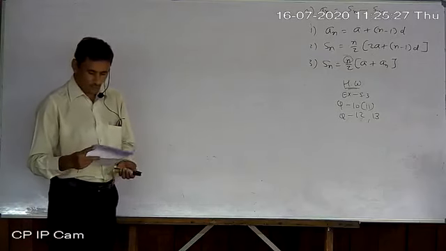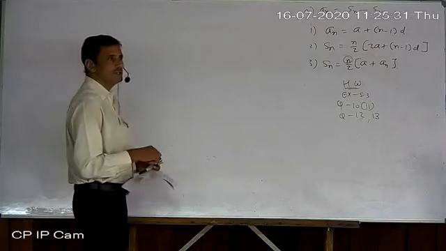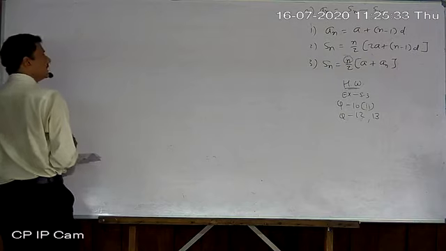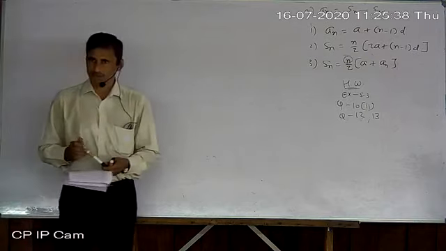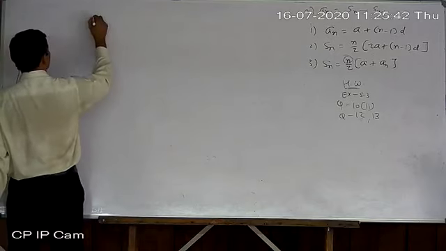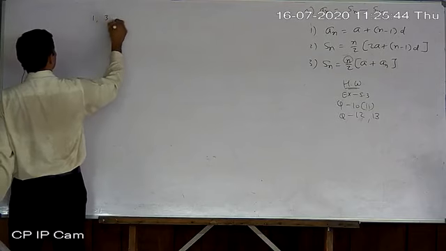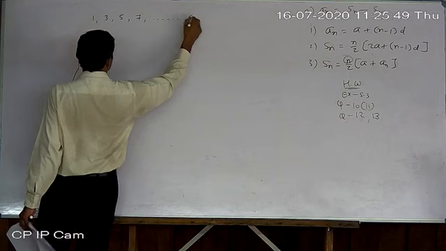Find the sum of the odd numbers between 0 and 50. Between 0 and 50, odd numbers form an arithmetic progression, and you have to make the sum of all of these. You can see that it is an arithmetic progression: 1, 3, 5, 7 like this, and the last number will be 49.